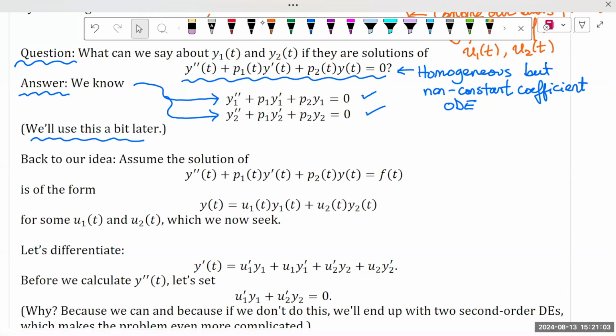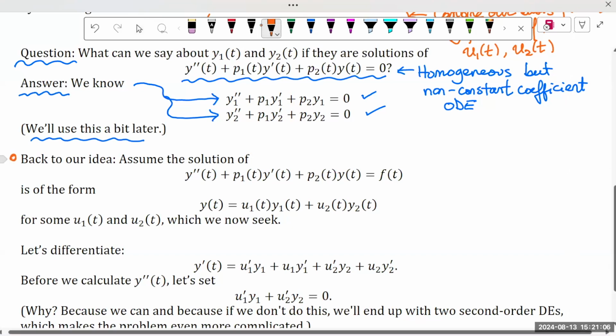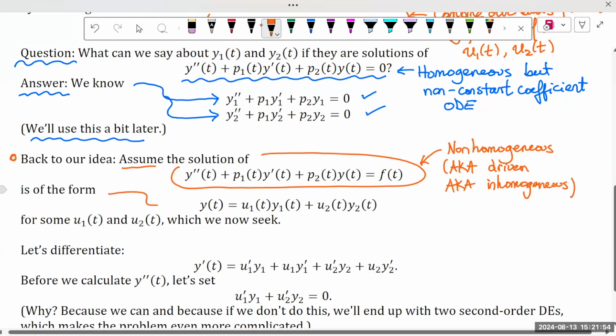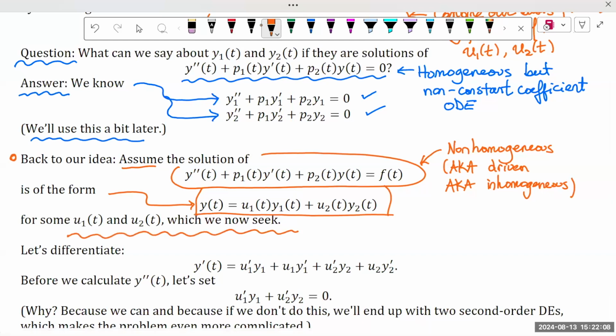Now again, let's come back to this idea of assuming that this ODE has solutions of the form u1 y1 plus u2 y2, where u1 and u2 are now functions that we have to find. How shall we go about figuring out what that mysterious u1 and u2 are going to be?